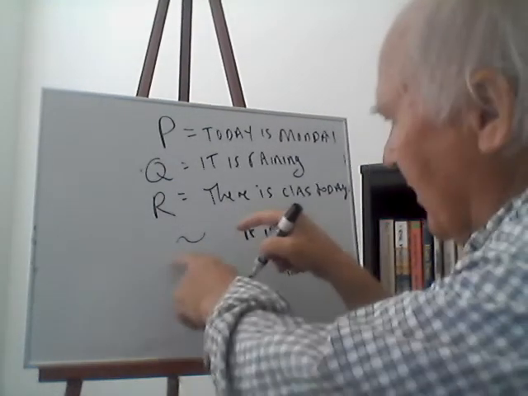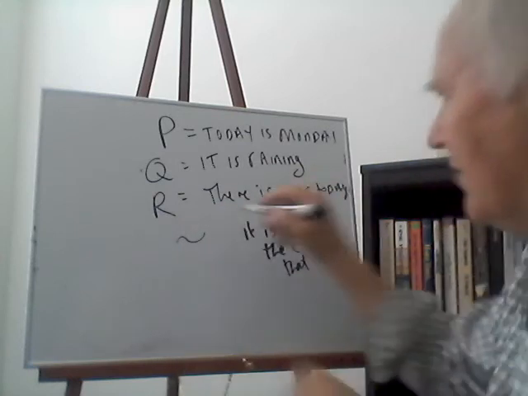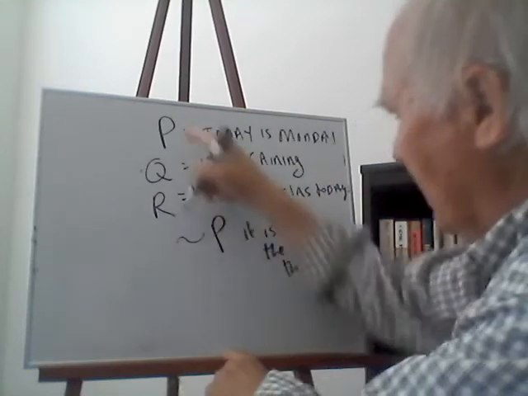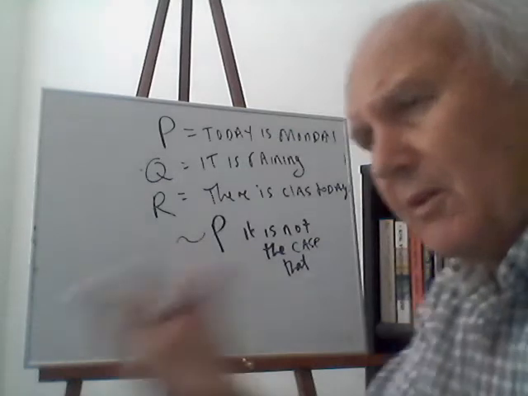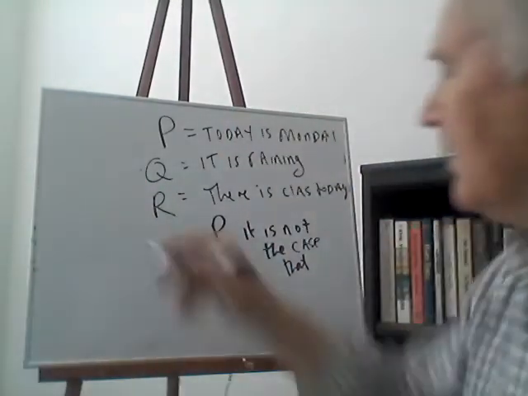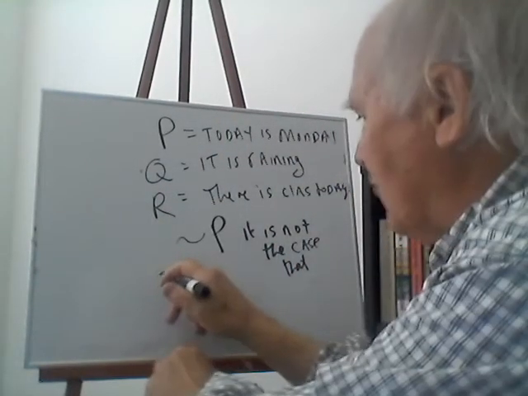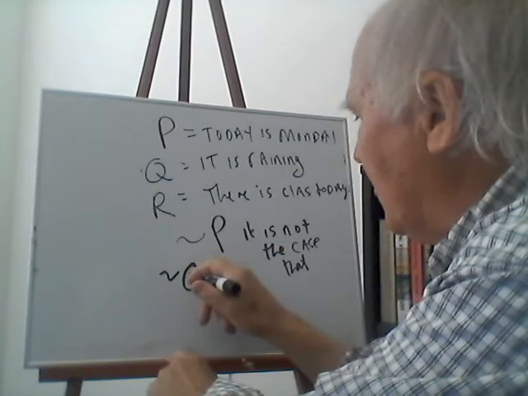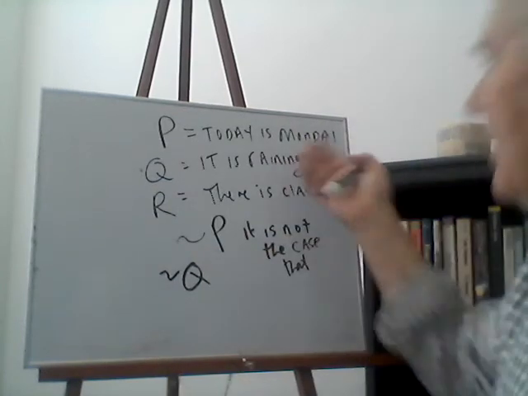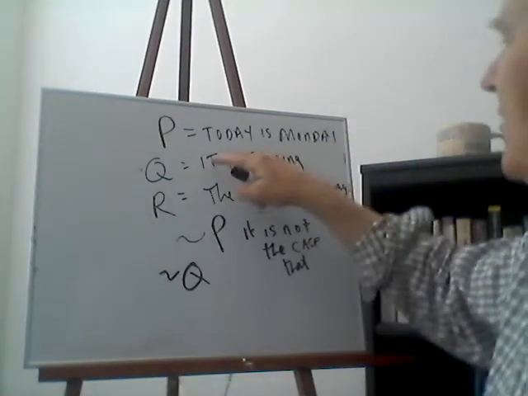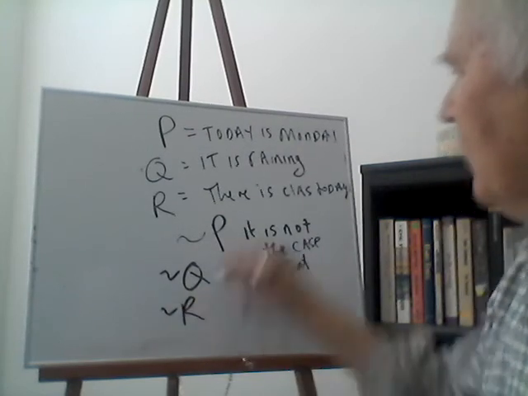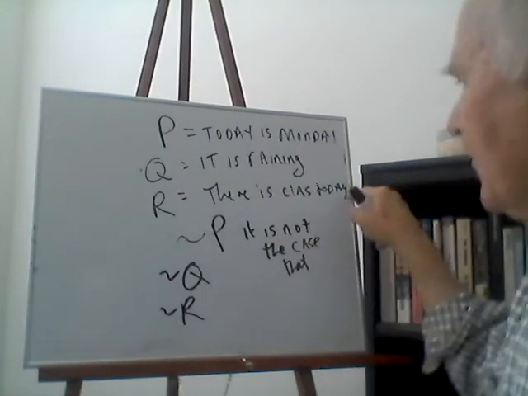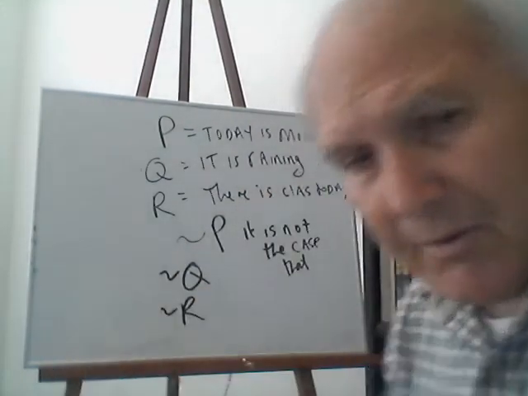If I put a negation sign in front of P, this would mean it is not the case that today is Monday, or today is not Monday. In front of Q, it means it is not raining. In front of R, it would mean there is no class today.